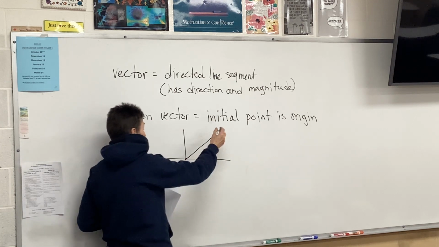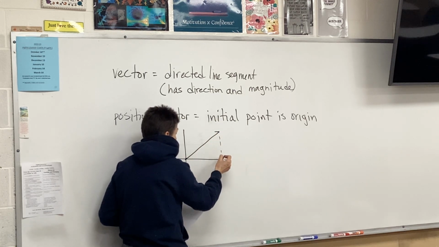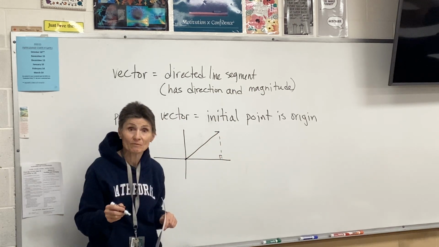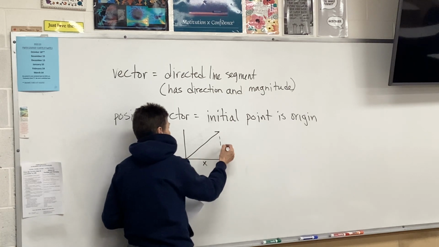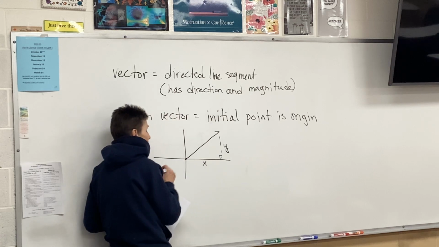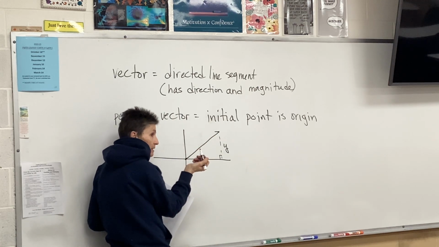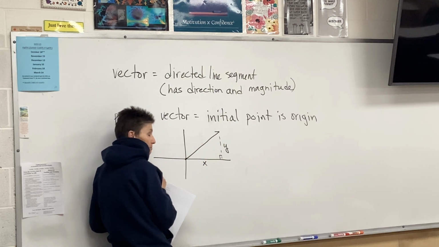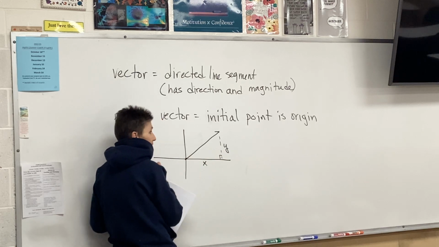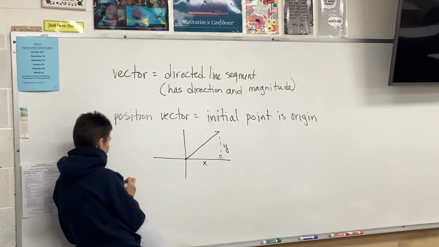Okay, anyway, here's my position vector, vertex at the origin. Now, if I were to drop my perpendicular, like I have done infinitely many times, this side is x and this side is y, and this side would be the length of the vector. I'm going to indicate the length of a vector. I'm going to skip down here to magnitude.